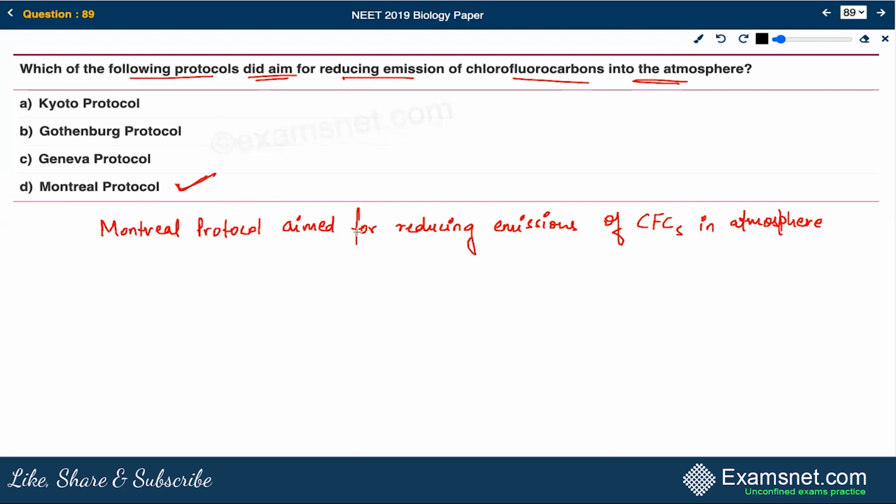The reason is that CFCs are responsible for ozone depletion in the stratosphere, which is a protective covering that protects us from the harmful ultraviolet rays of the sun.